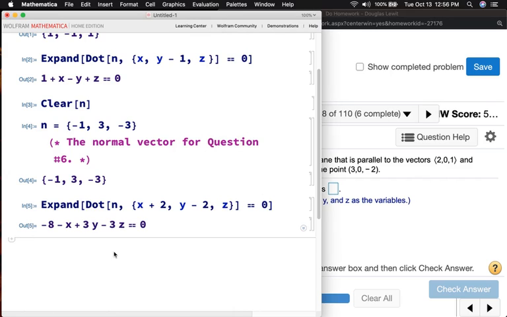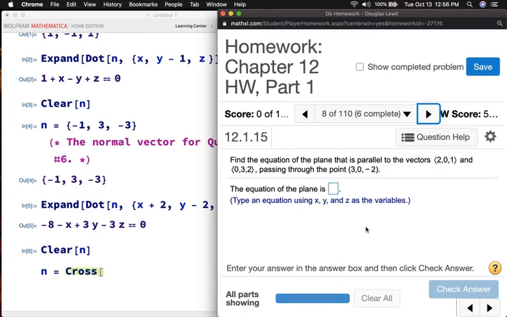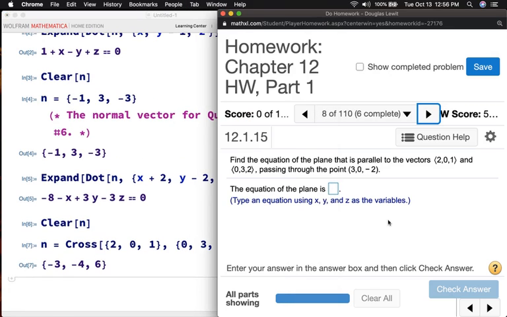So the normal vector is going to be the cross product of 2, 0, 1 and 0, 3, 2. This vector is going to be orthogonal to these two vectors.